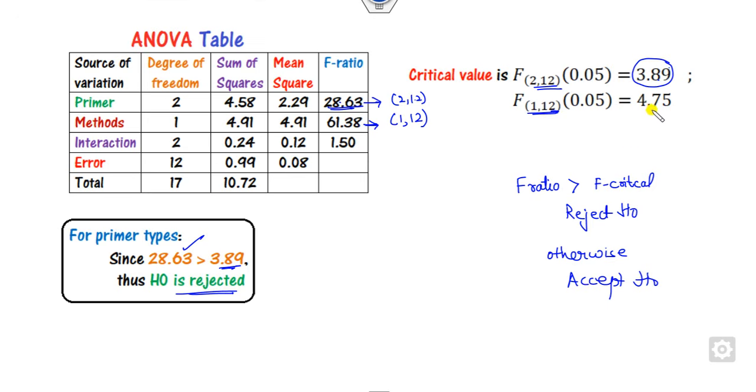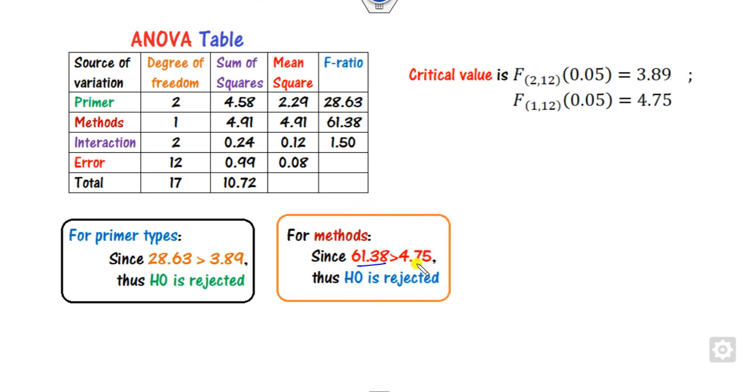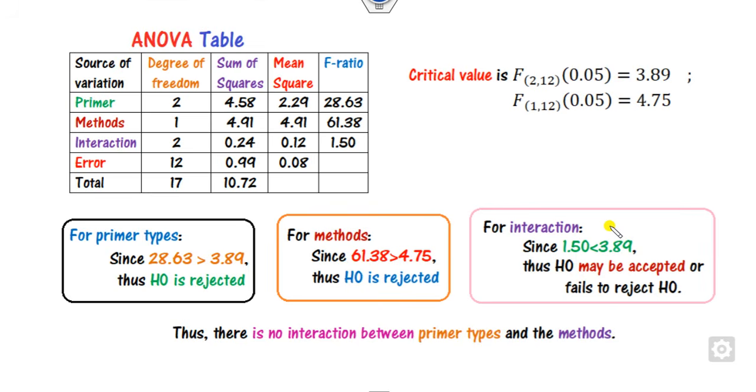The value of this is 4.75. You can compare: 61.38 is greater than 4.75, so H0 is rejected. However, for this number 1.50, the degree of freedom is 2,12, which is 3.89, and 1.50 is less than 3.89. So H0 may be accepted, or you can say we fail to reject H0. So it means there is no interaction between the primer types and the methods.